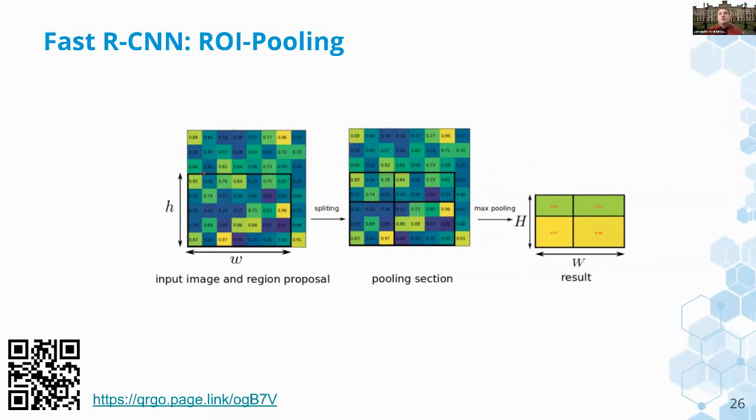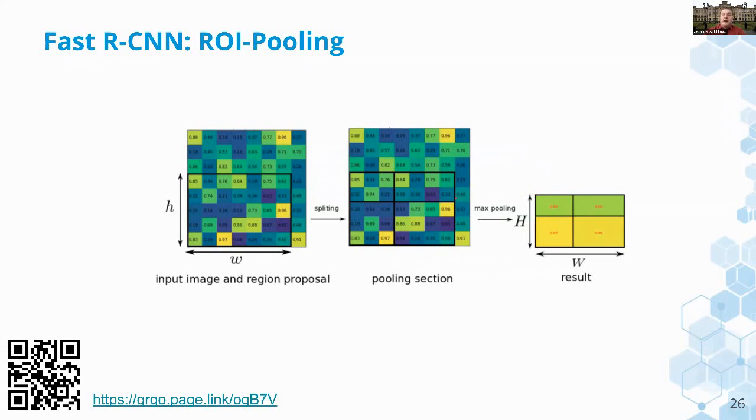Assume that we want to transform this 7 by 5 size region into a 2 by 2 region. We can do this by simply splitting this huge region into several almost equal-sized regions, and then simply applying the max pooling algorithm on these regions to get the fixed shape values.